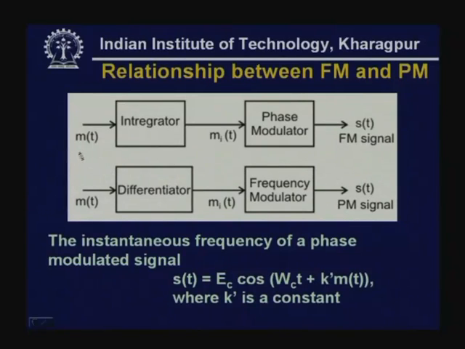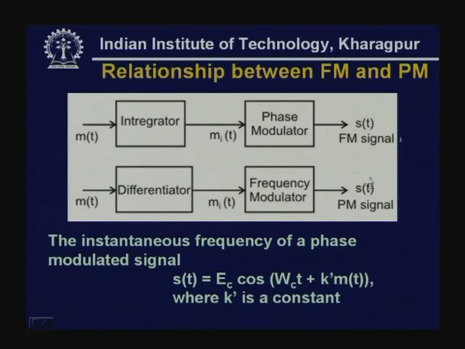Here we find that if this is the modulating signal m(t), and if this is integrated, then passed through a phase modulator, we get a frequency modulated signal. On the other hand, if the modulating signal is passed through a differentiator and then you do frequency modulation, we get a phase modulated signal.